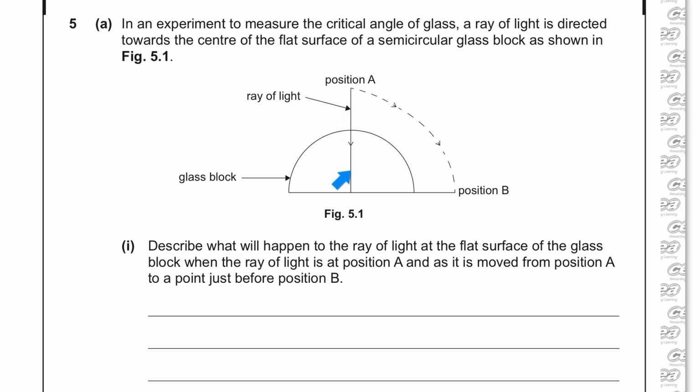So the ray will keep going and leave along the normal to the surface. As we start to get into these steeper positions here, then what you'll find is that we have no change of direction at the curve. So we're not really interested in that because they only want to know what happens at the flat surface. But obviously it's going to speed up as it exits the glass, and so it's going to bend away from the normal.